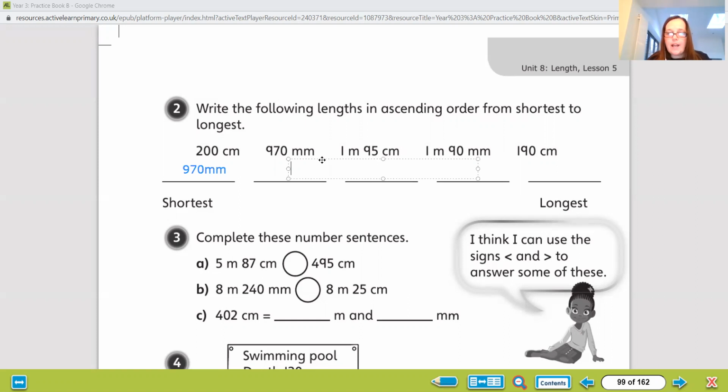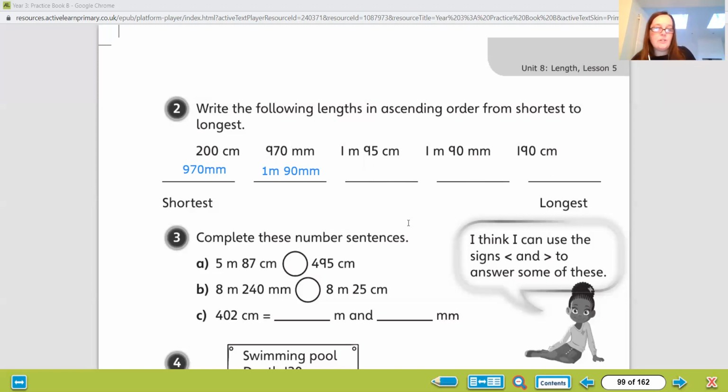So this comes next. Because if I divide 90 by 10, I get 9 centimetres, 1 metre 9 centimetres. So that's smaller than those. I'd like you to have a go at filling in the next 3 ones.